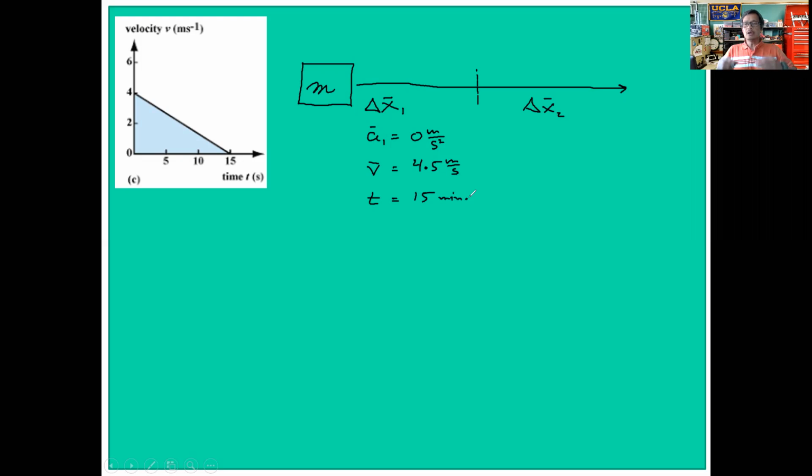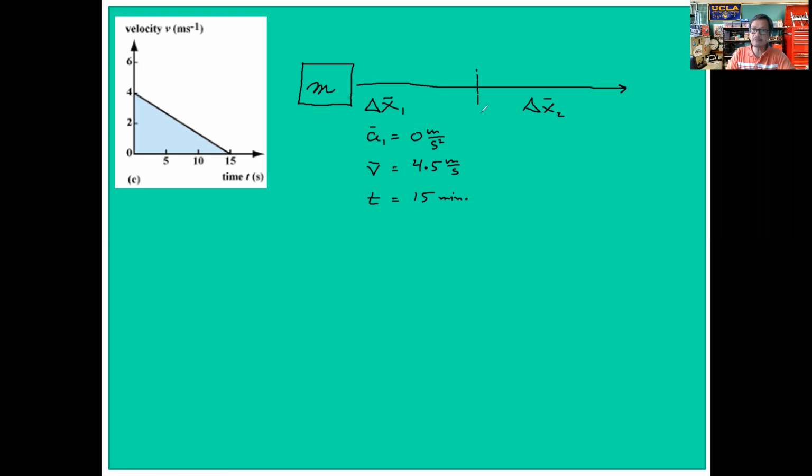So understand this: the runner here is moving in 2 different ways, and we're describing it in 2 different ways. In this first phase, he has no acceleration. He moves at a constant velocity, for a time interval of 15 minutes.